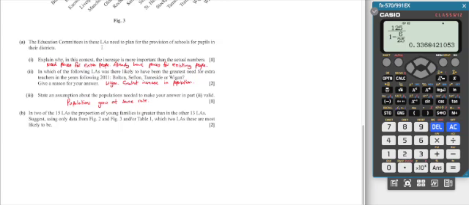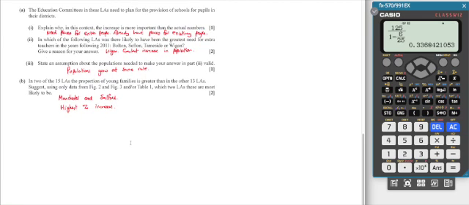So Manchester, and probably Salford. They have the highest percentage increase. Right, I think we've got one last question. That would be question 15.